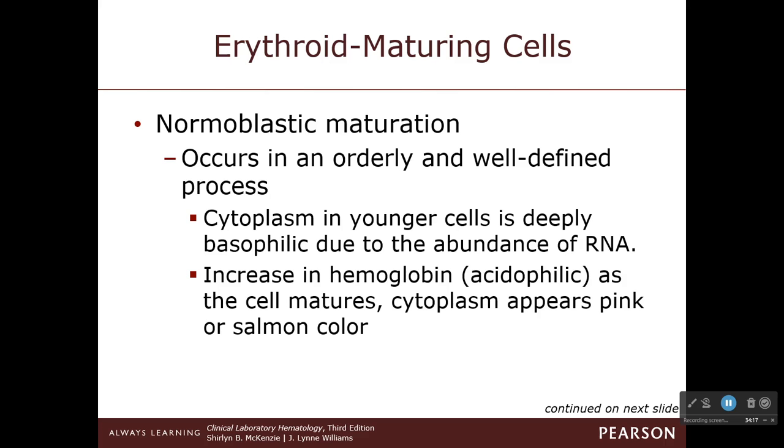But the more the cell matures, the more hemoglobin is being produced, because eventually that's its job, to carry oxygen. The further we get down to the metarubricyte, it has produced enough hemoglobin that it changes the cytoplasm color to a grayish or pink looking color. Questions about that?